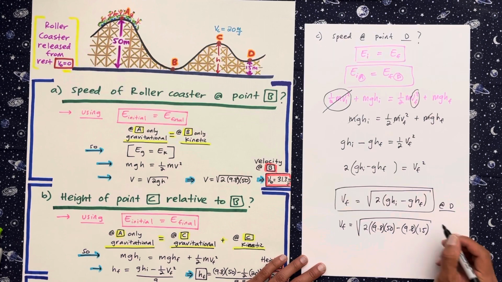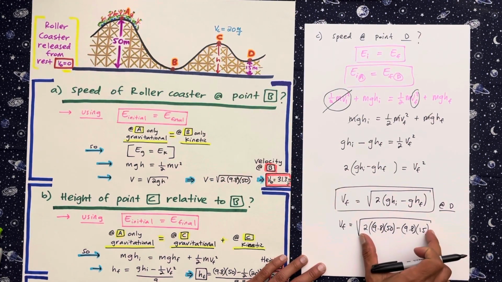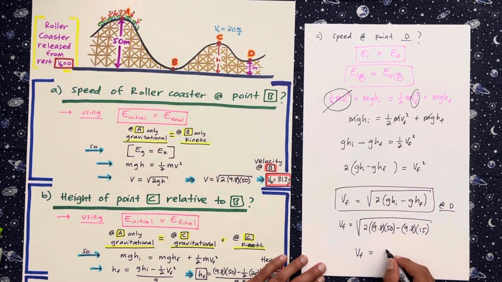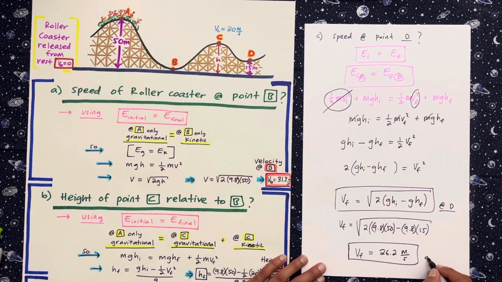Make sure everything is in meters, so everything's good. And that's it. Now putting this into the calculator, we get that velocity final at point D is gonna be 26.2 meters per second. So this is at point D.